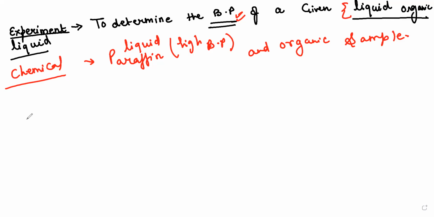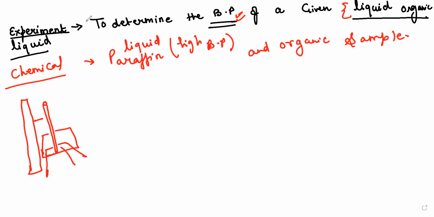Now what we have to do is make sure that you have an iron stand for the clamping. You can clamp a thermometer here. Let's say this is your thermometer, and you have placed a stand here with a wire gauze, and the beaker, and now a thermometer is used.